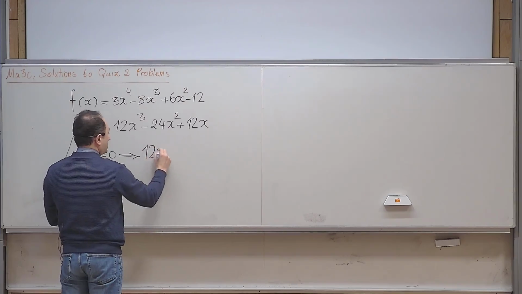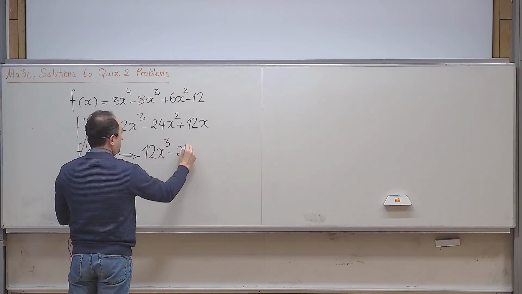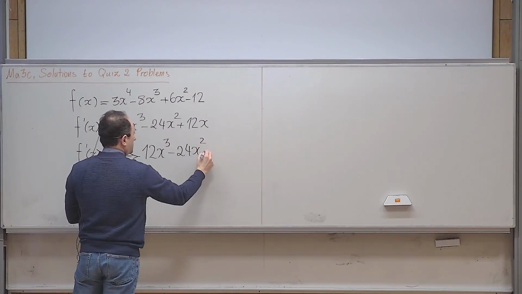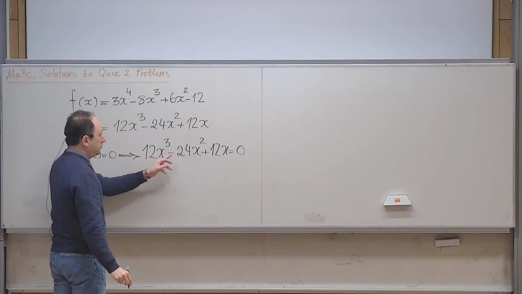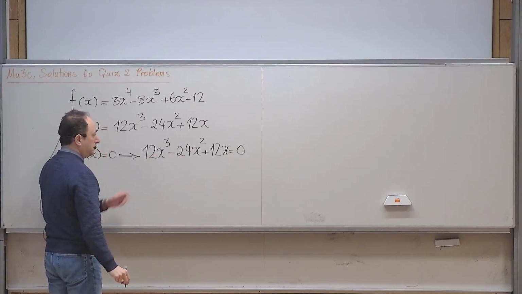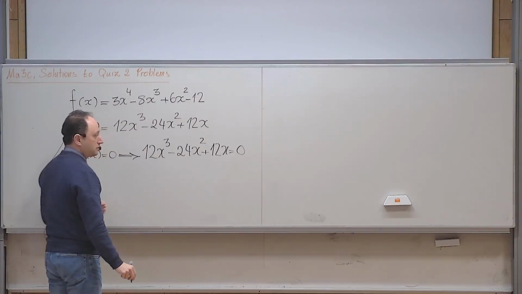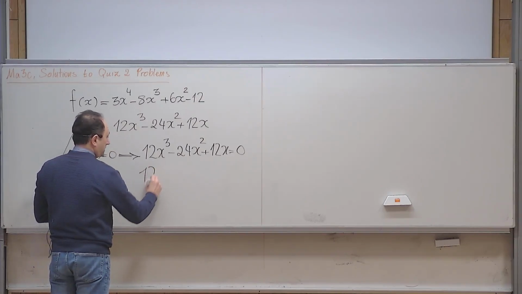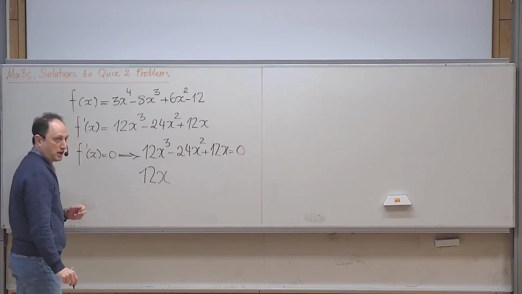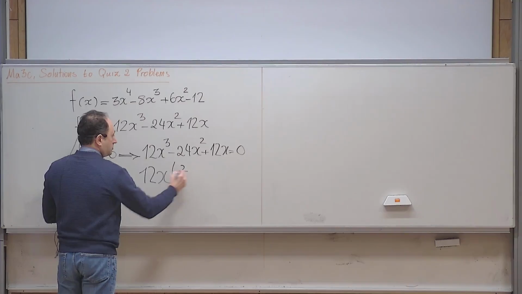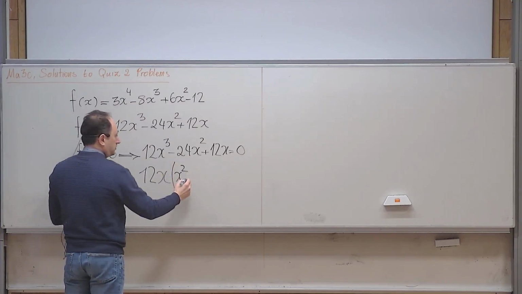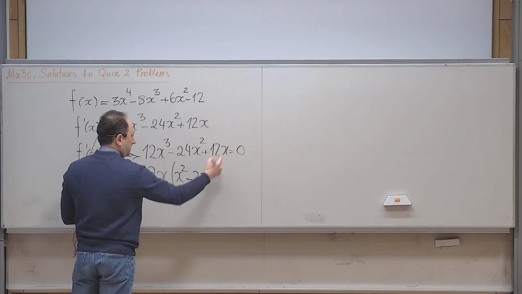So 12x cubed minus 24x squared plus 12x equals 0. What is the factorization? You see every one of them is divisible by 12, and every one of them is also divisible by x. So this motivates me to factor 12 and x out. From here, what is left? x squared, minus 2x, and just plus 1.